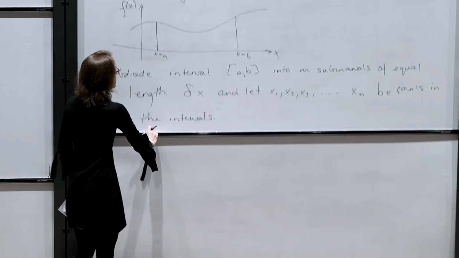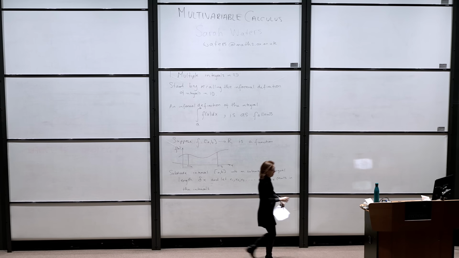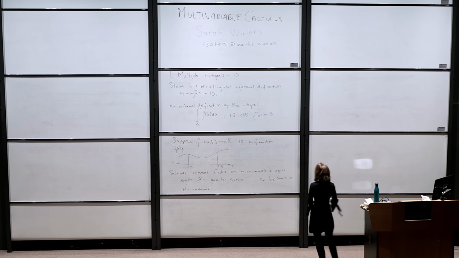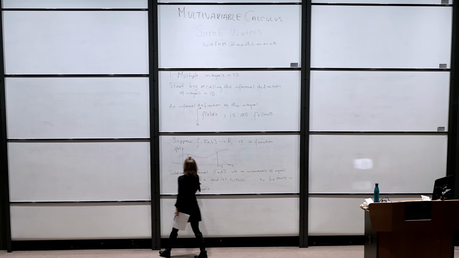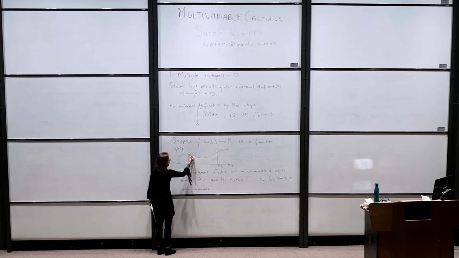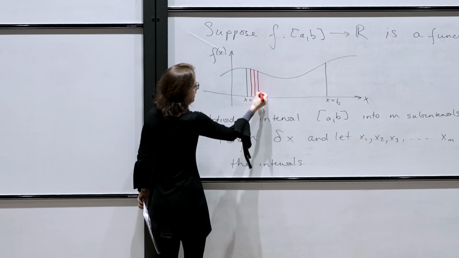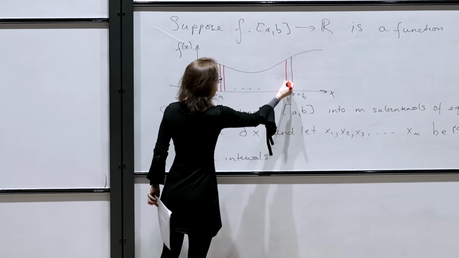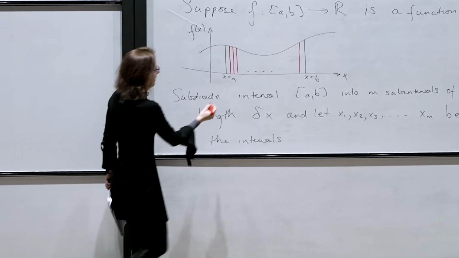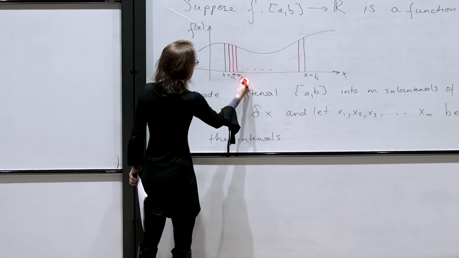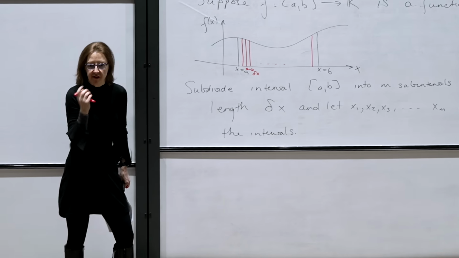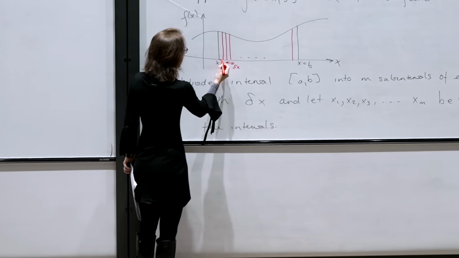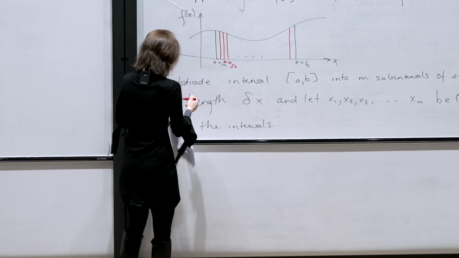Okay, so what we do is we take our domain and we chop it up into intervals. So here we are, and so on. And we make those intervals be of some length delta x. And within the interval, we define some value of x. So in here we have x1, in here we have x2, etc.